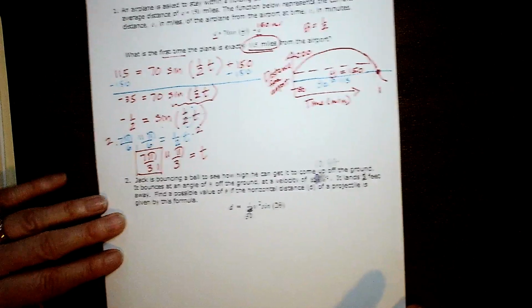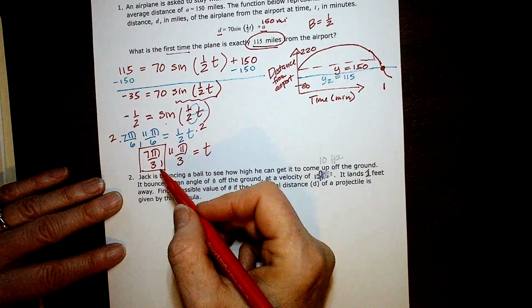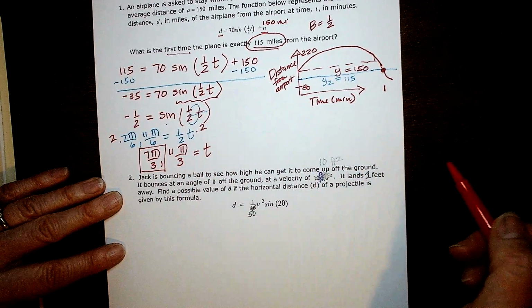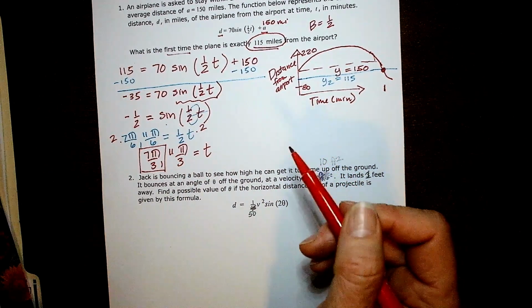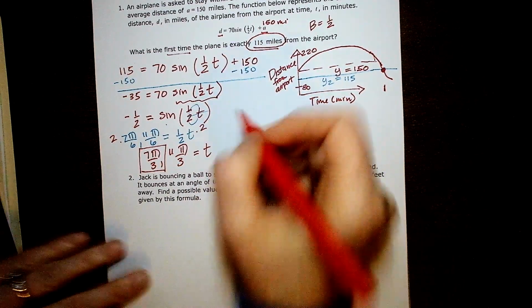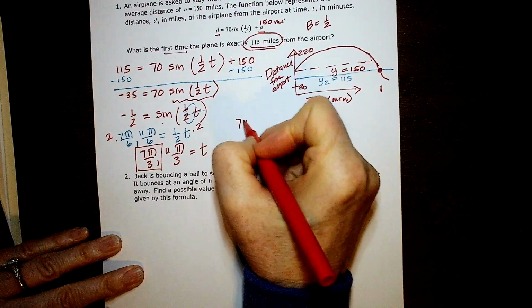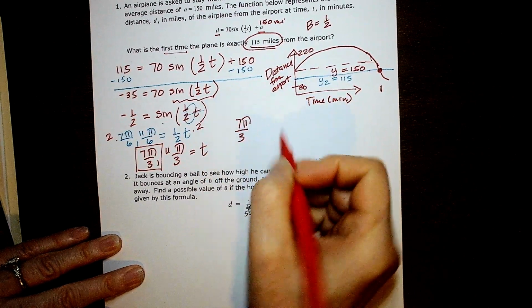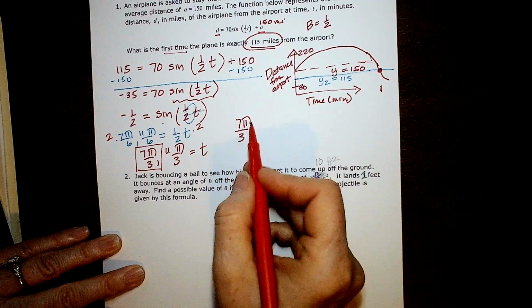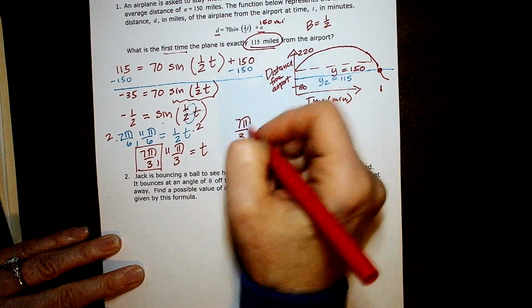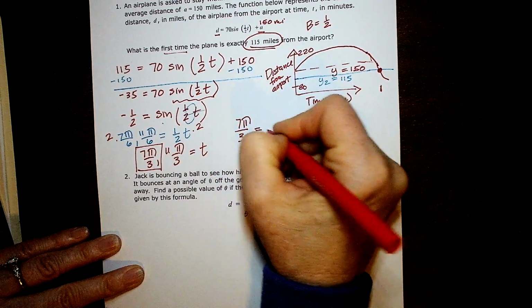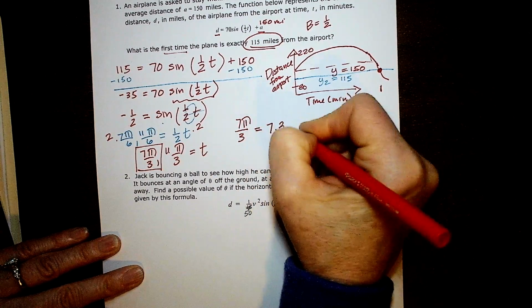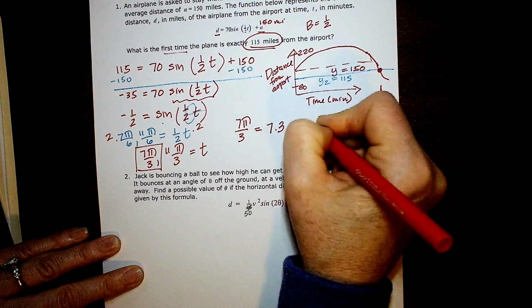But 7 pi over 3 is not a time in minutes, so I literally just plug that into my calculator. 7 times pi divided by 3. When you put that in your calculator, you get 7.3 minutes.